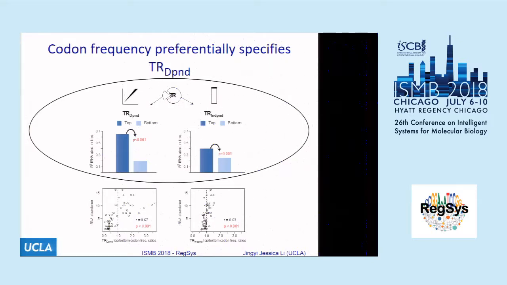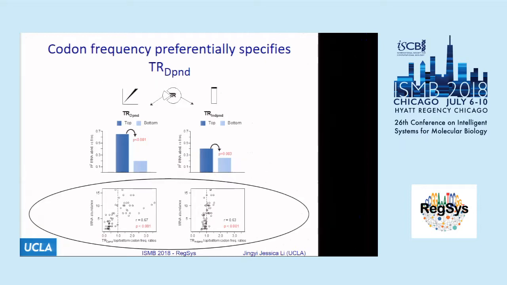We first look at the two components, at their correspondingly high value genes versus low value genes, and there's a bigger gap in the R squared between the high genes and the low genes for the dependent part compared to the independent part. This explains that the tRNA abundance affects the dependent part of the translation rate more, which we think is very interesting. And this plot also shows the same message.